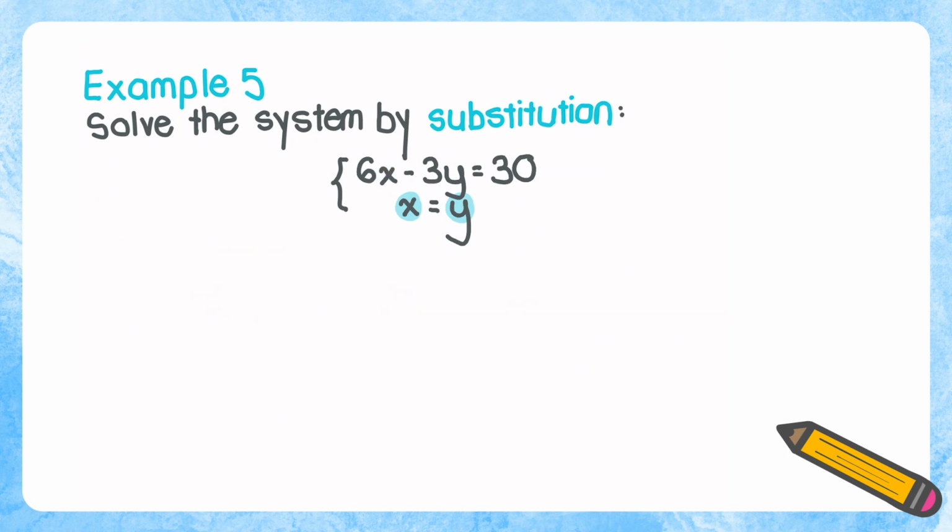Now let's look at the same example, but say we substituted the other way around. So let's say we replace the y value with x. So we'll have 6x minus 3x equals 30.